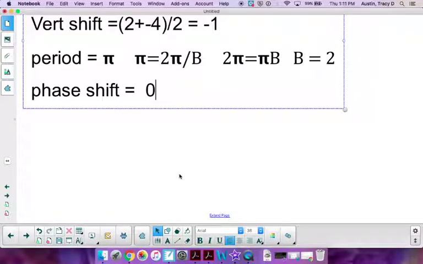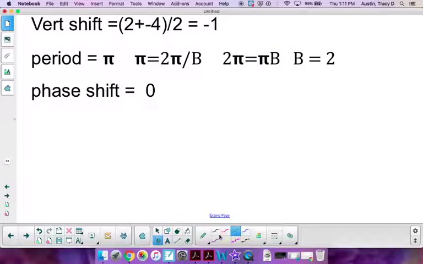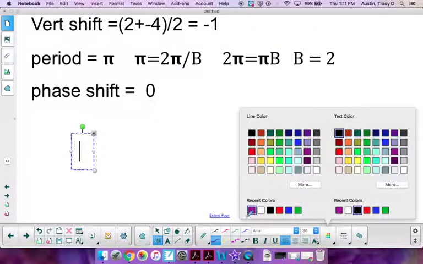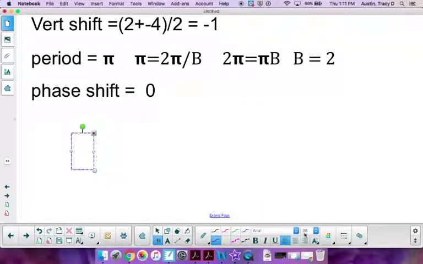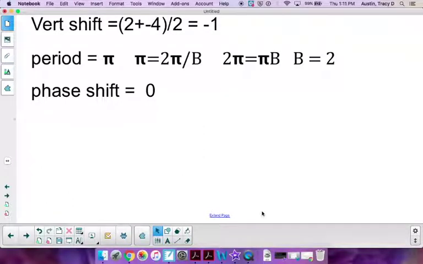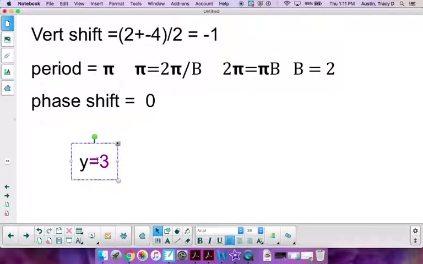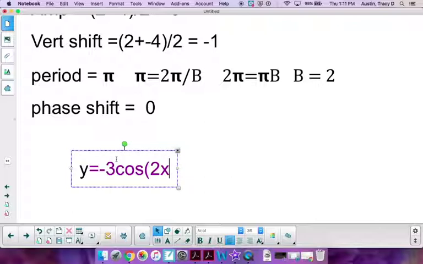So I'm going to type this in purple so you can catch it. y equals, amplitude was 3, and we know it's negative because it's facing upside down, so it's actually negative 3 cosine. b is 2, so 2x minus 0.